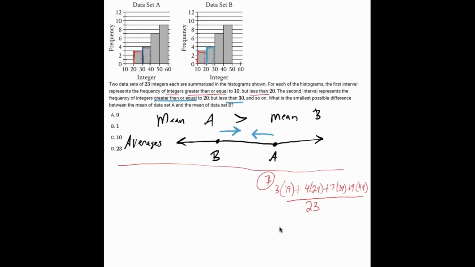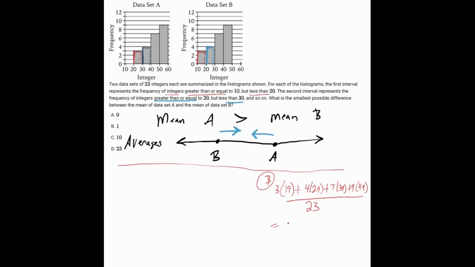Let's go ahead and get a number for that on the calculator. 3 times 19 plus 4 times 29 plus 7 times 39 plus 9 times 49, which is 887, divided by 23 is 38.56.